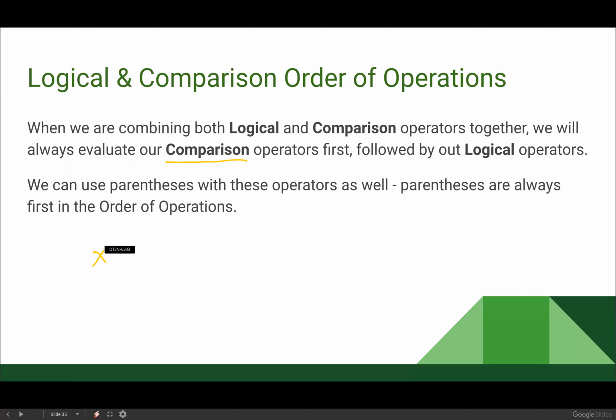So if I have x greater than y and z less than m, or x does not equal v, I'm going to figure out what each of these equals individually, and then I'm going to go from left to right like you would expect.